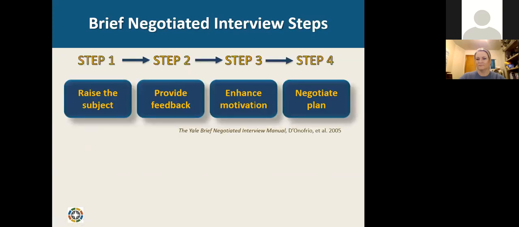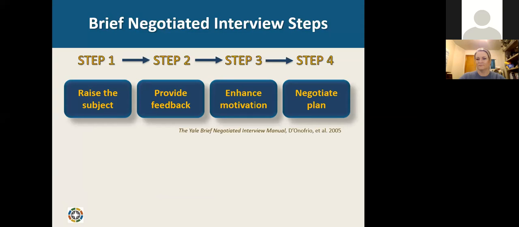So here are those steps outlined. Again, keep in mind that these are suggestive in nature, that we follow these steps to give us some structure and help individuals who maybe have not had these conversations in this way feel more comfortable. You can find these steps outlined in a lot of resources that give particular example statements and questions to follow each step, so that we have a guide.